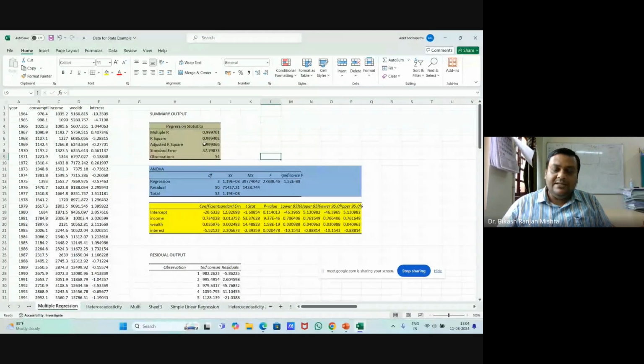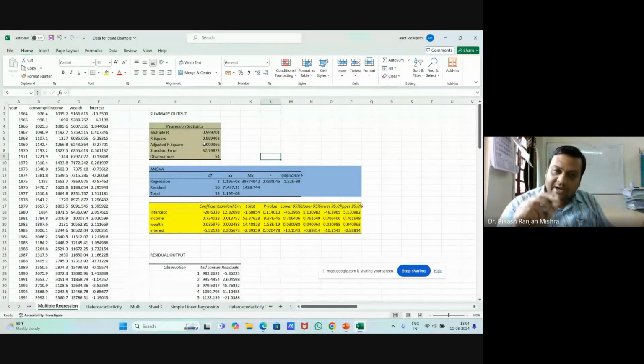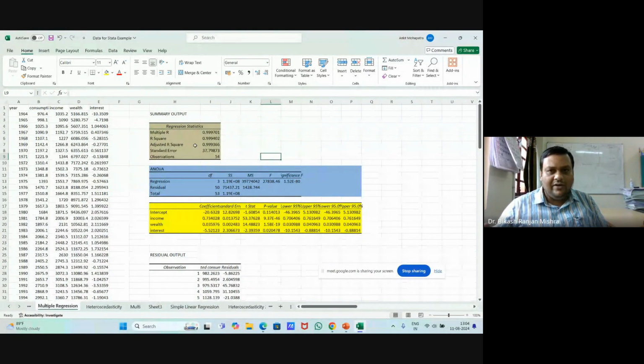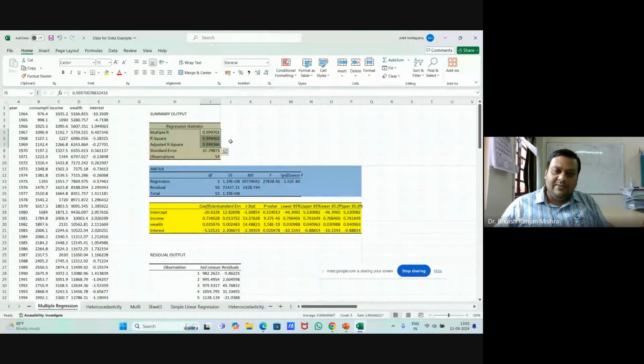It is a threat element, because as I told you previously also, a very high R square value is suspicious. The adjusted R square value is also not very different, because even though we have included three variables, they do not affect the adjusted R square very significantly. So all these elements are subject matter of threat, because there is a possibility of some problem, and that is why diagnosis is required.